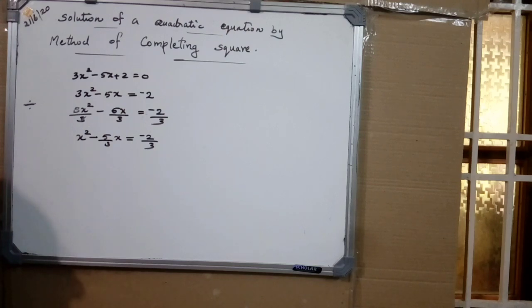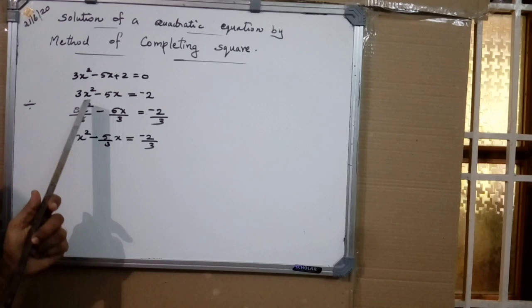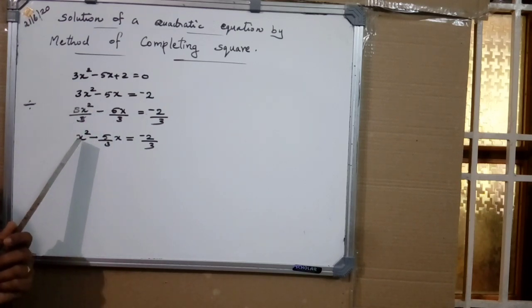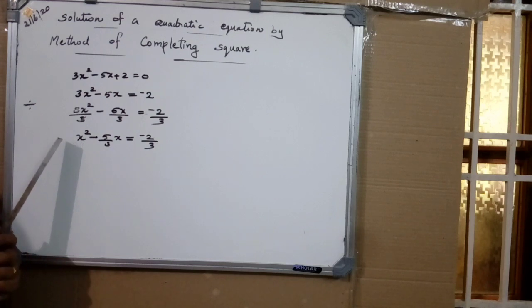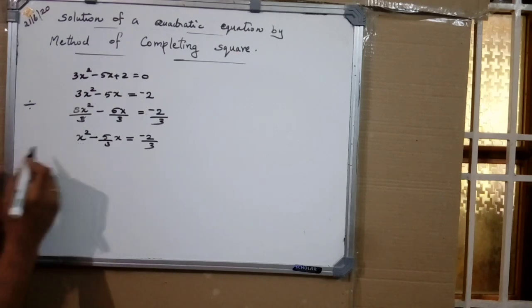On dividing each term of the equation by the coefficient of x square, we now get the coefficient of x square as 1. So that is our first step, making the coefficient of x square as 1.